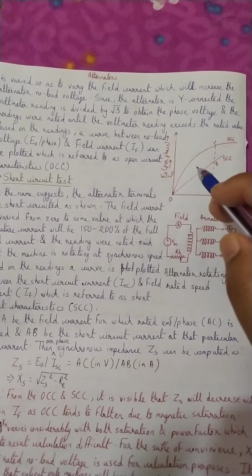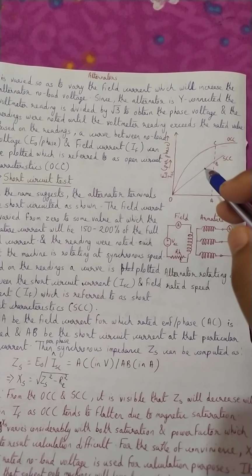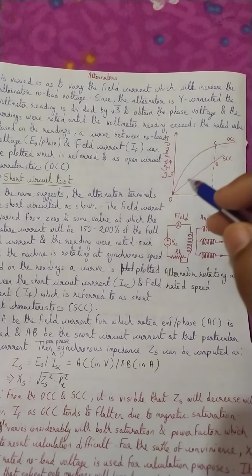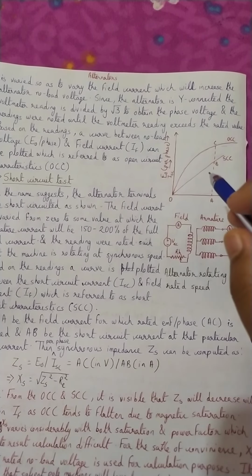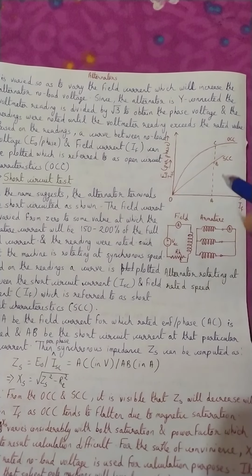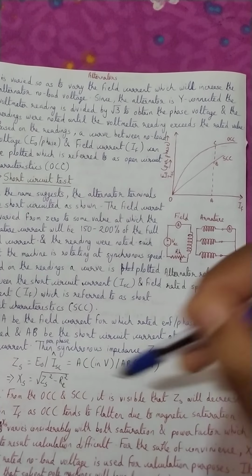If the short circuit current cannot reach this point, we can extend it, because it is a straight line, to get this length AB. So AC is the no load voltage, AB is the current, so impedance will be AC divided by AB. That would be the synchronous impedance of the alternator. So we can find out ZS that way.